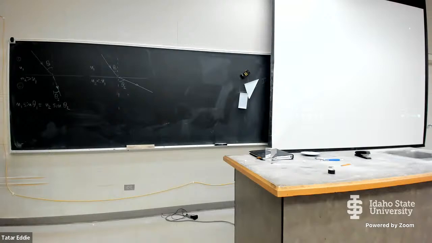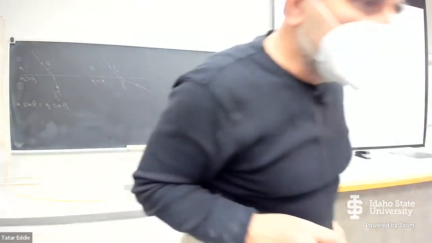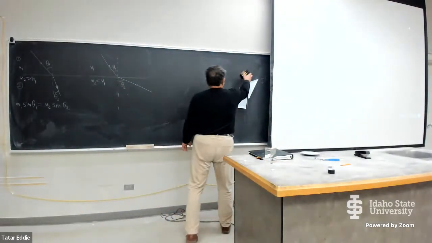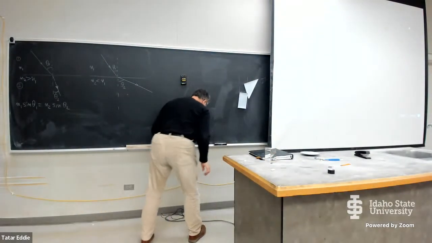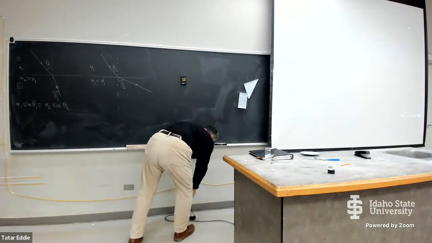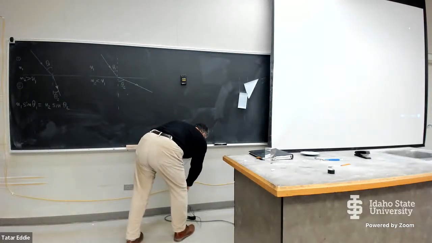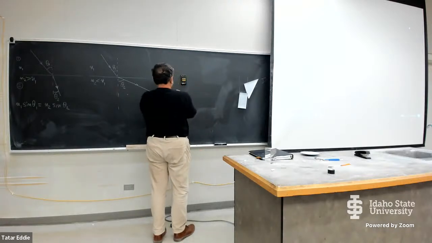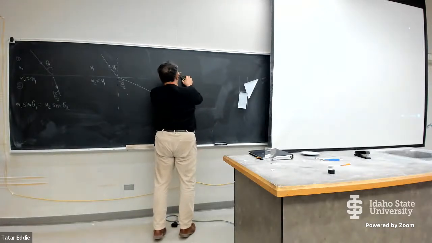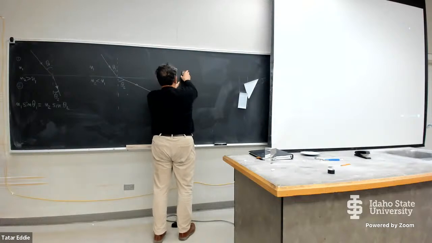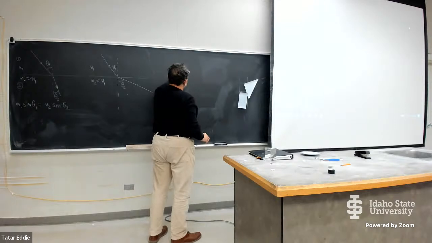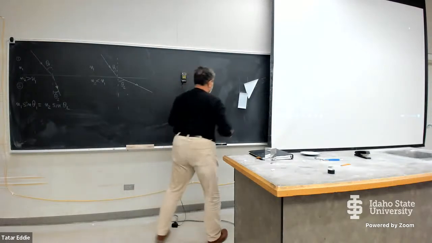So how much time? We have one more minute. Okay, let's see a refracted light ray. Well, we have the setup right here. Here it is. Okay, so maybe let's look at it.